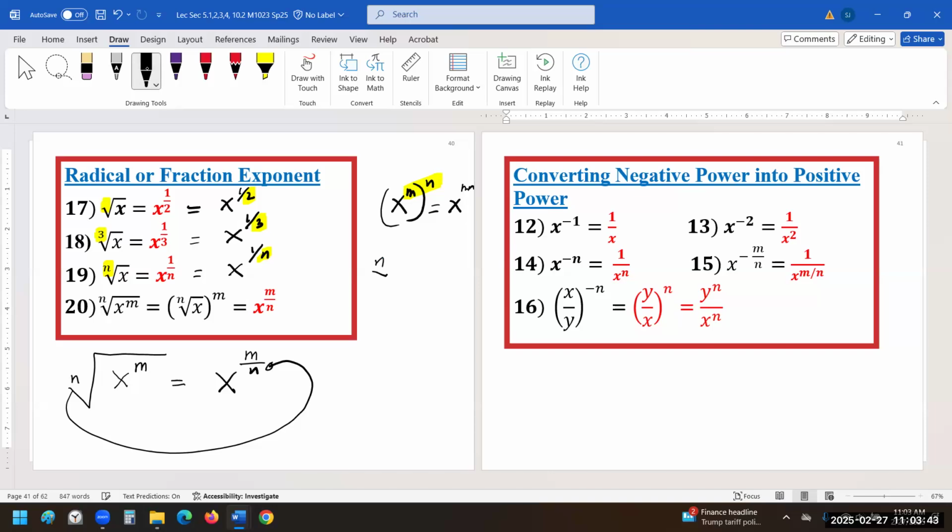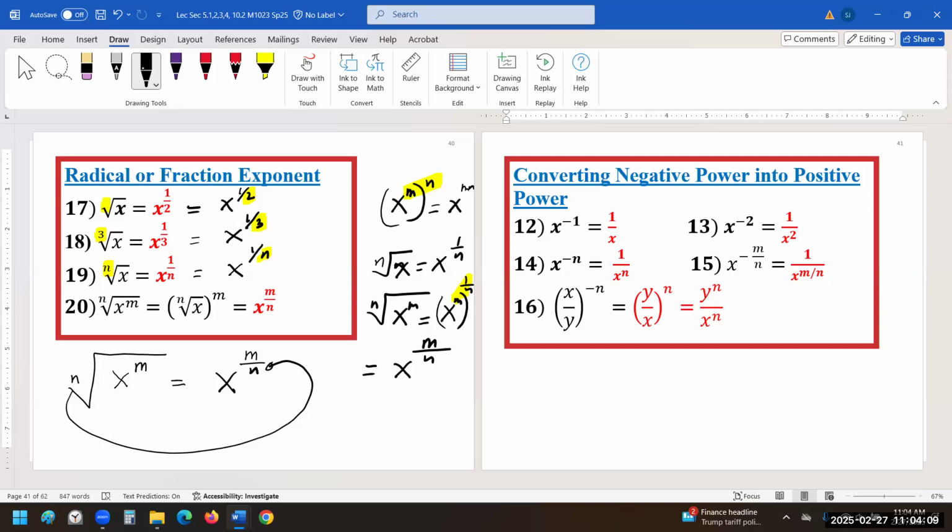You have nth root, it means x to the 1/n. And now you have a power. So this is the same as x to the m with 1/n power. Two powers together, you multiply, and the result becomes x to the m over n.